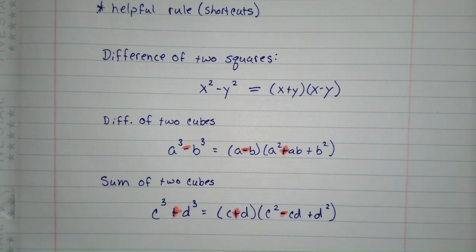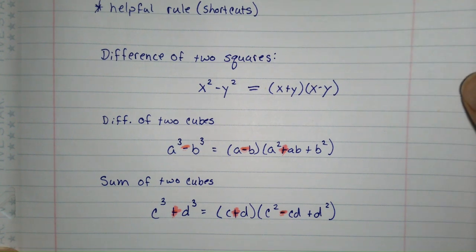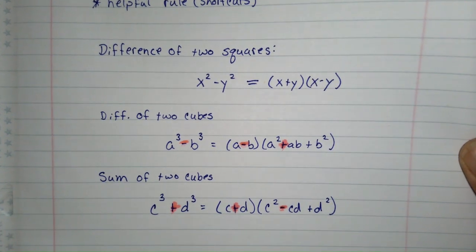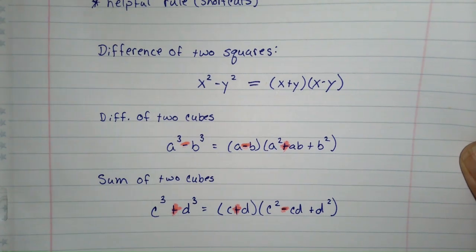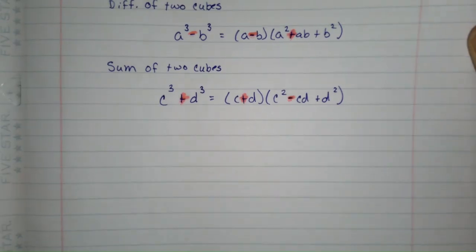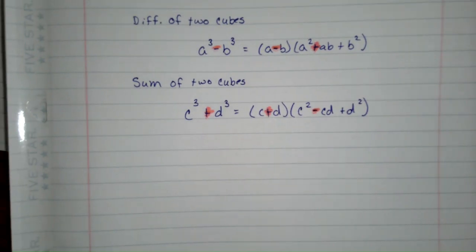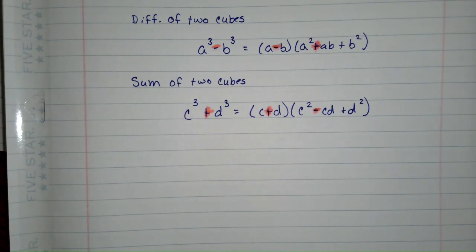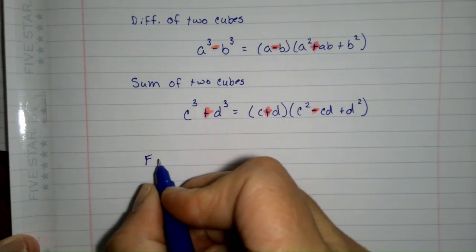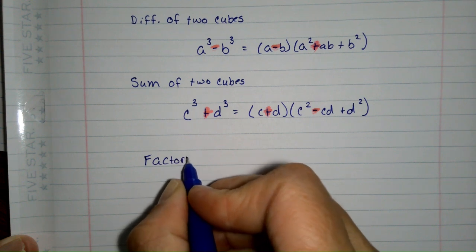Those are all great rules, and if you're ever factoring a binomial or anything else, you should always check for a GCF first. So those are identities that we've learned in previous videos. And again, factoring rules.